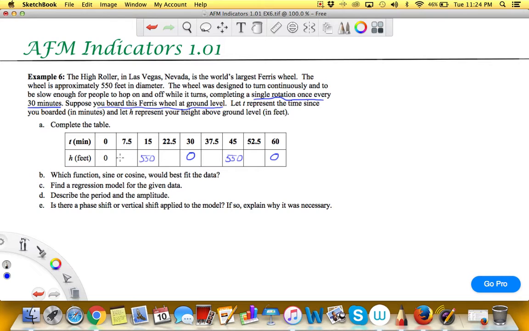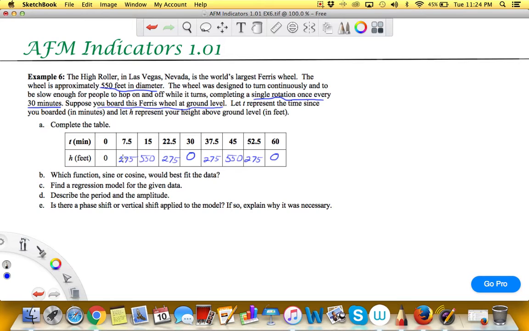So we want to say 275 there, 275 there, and 275 there. Once again, we didn't have to do any calculations. We know that because it has a diameter of 550 feet, the maximum height of this Ferris wheel is going to be 550 feet.